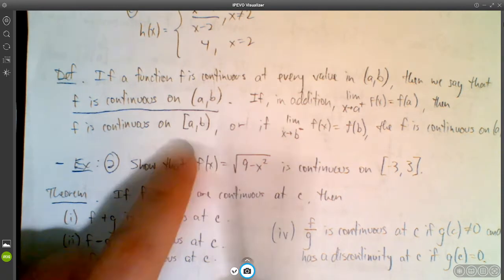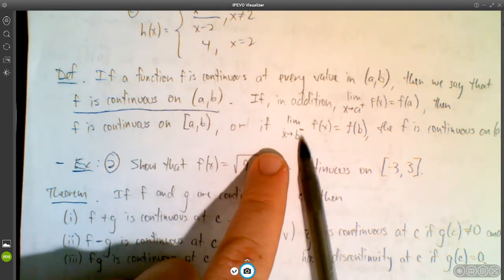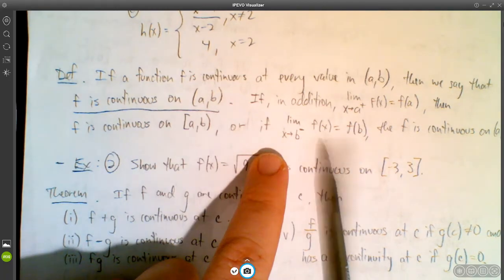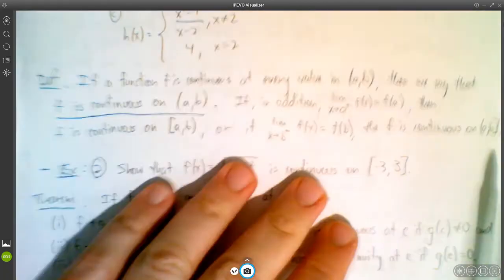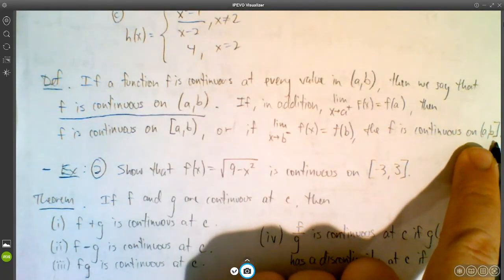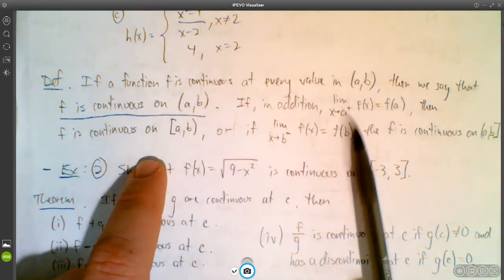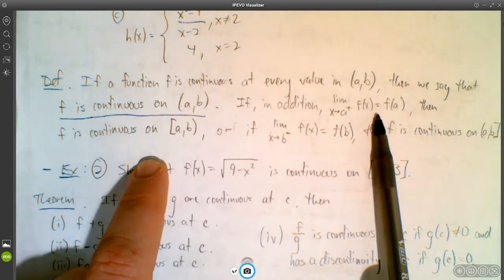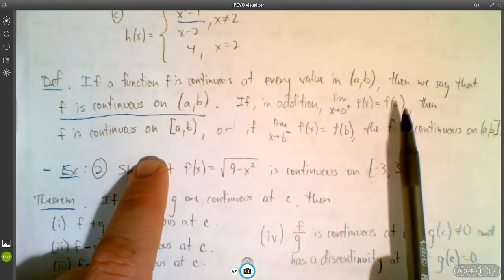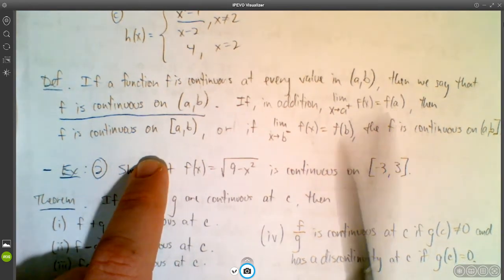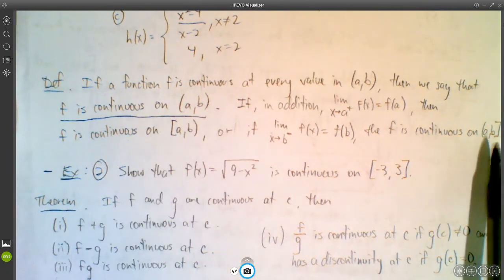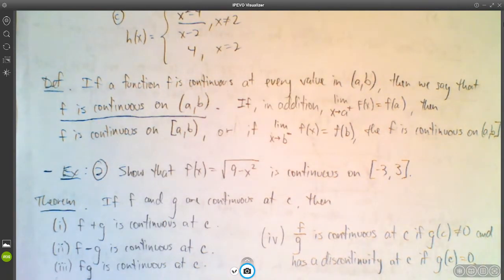And similarly, if the limit as x approaches b from the left of f of x equals f of b, then f is continuous on this half-closed interval. And of course, if both of those limits equal the function value at the endpoints, then we would say f is continuous on the entirely closed interval.